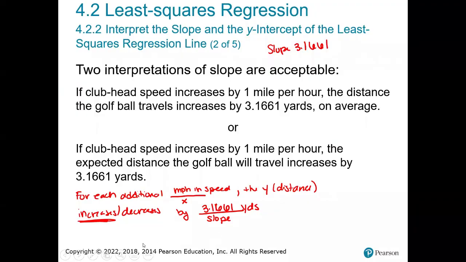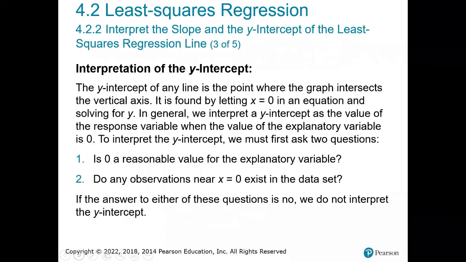Again, I do it with lots of examples to try to help you out here. Okay, the y-intercept is a little different. First off, the definition of a y-intercept is the point where the graph intersects the vertical axis. It is the y value when x equals 0.